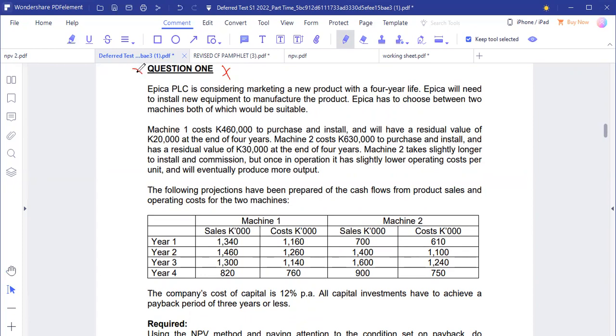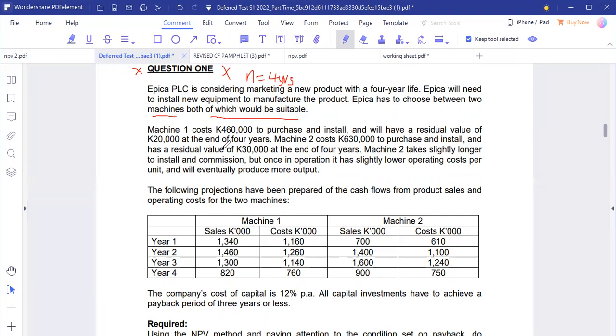So meaning that our N here is equal to 4 years. Epic will need to install new equipment to manufacture the product. The company has to choose between 2 machines, both of which would be suitable.